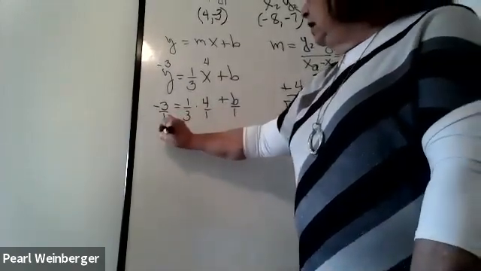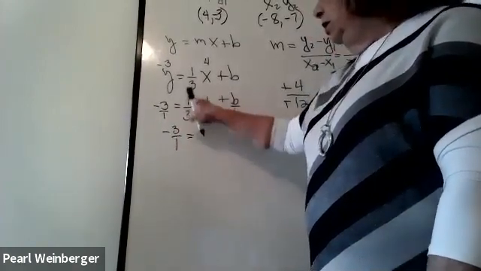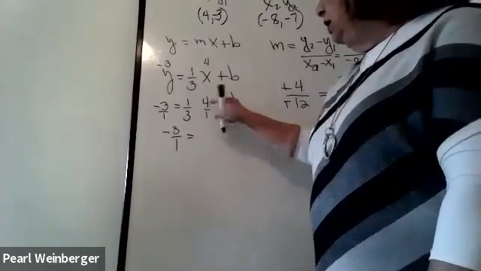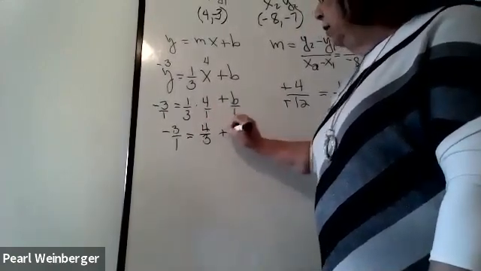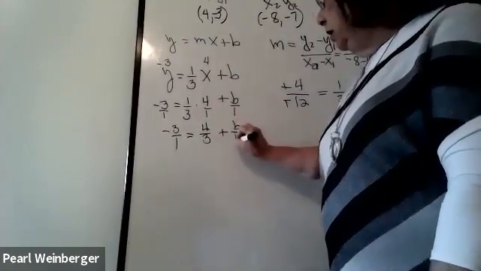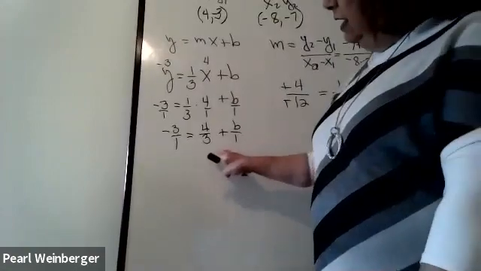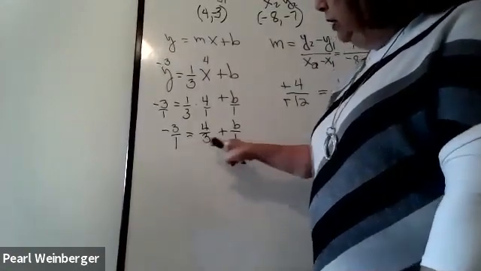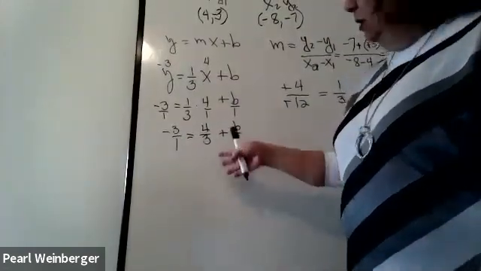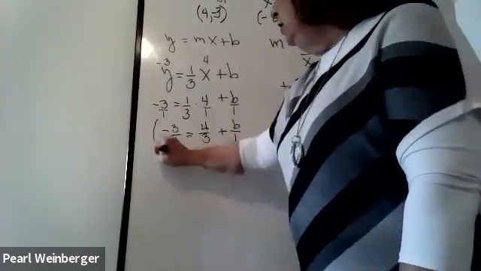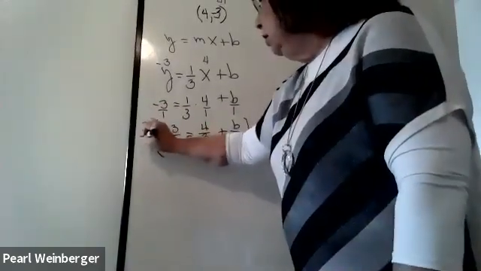This gives me -3 over 1 equals 1 times 4, which is 4 over 3, plus b over 1. And you find the common denominator; between 1, 3, and 1, that's going to be 3. Multiply everything by the common denominator, 3 over 1.